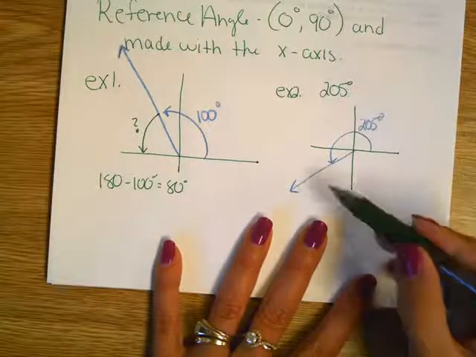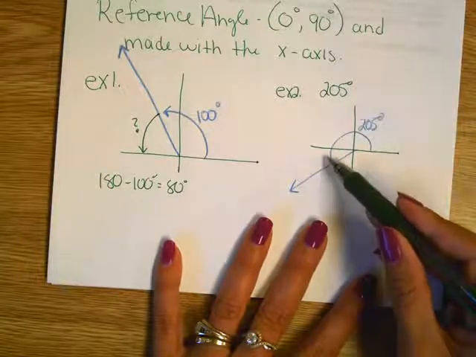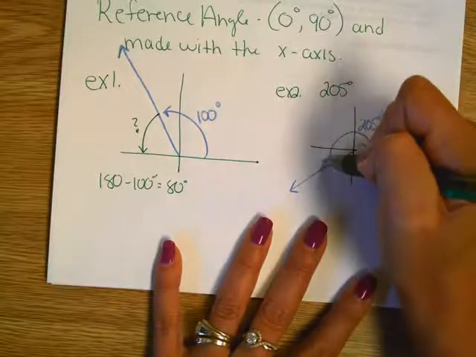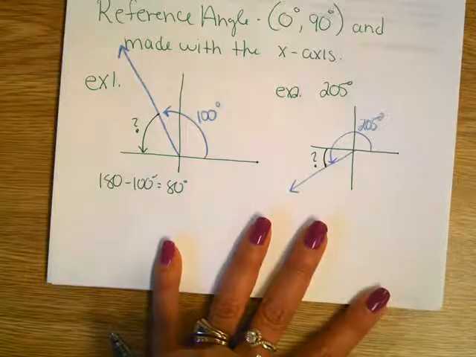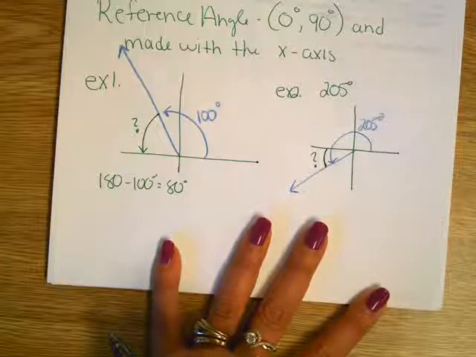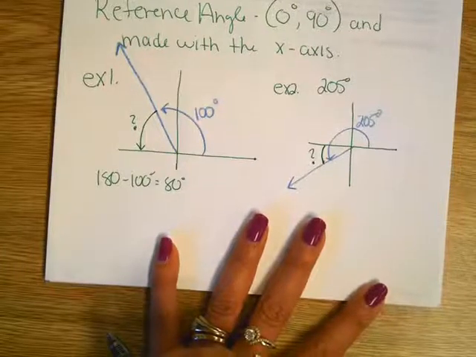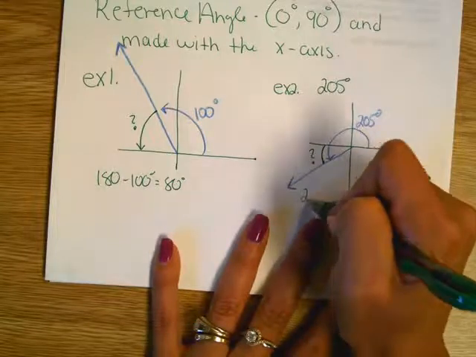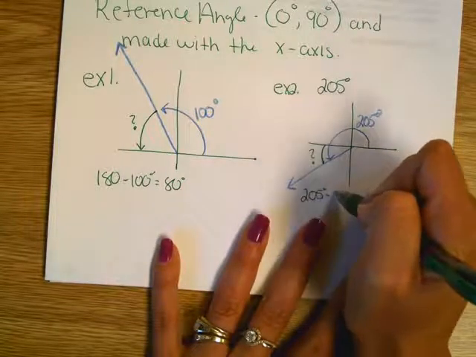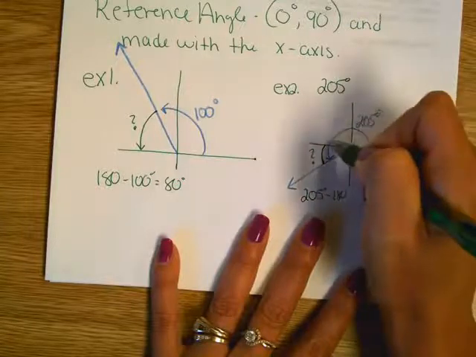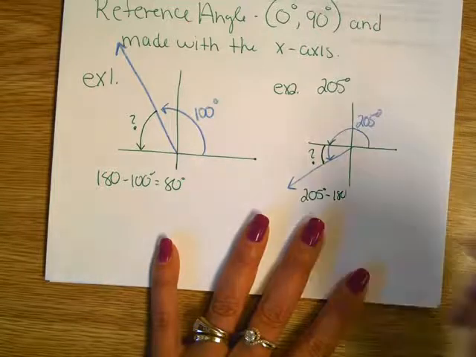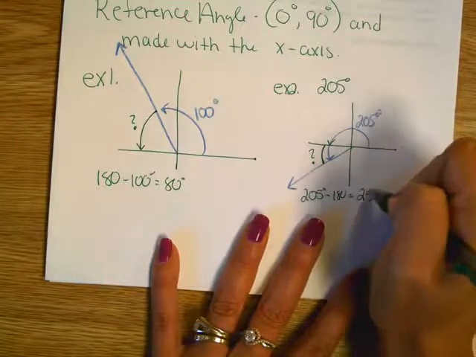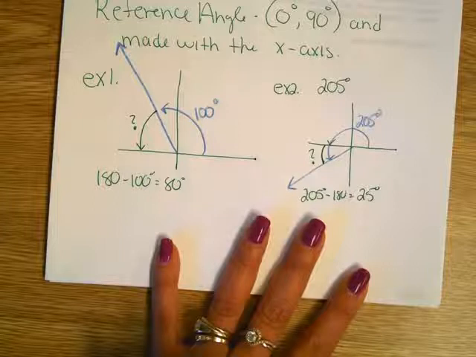The reference angle is from that ray with the x-axis. So we're looking for this angle here as our reference angle. How do we get that? What about 180? Start with the angle, subtract off the first 180 degrees. We're really looking for how much past the 180. So that is 25. A 25 degree reference angle.